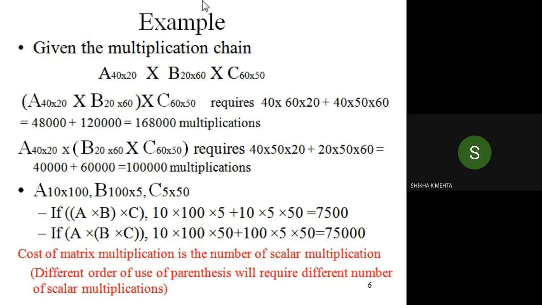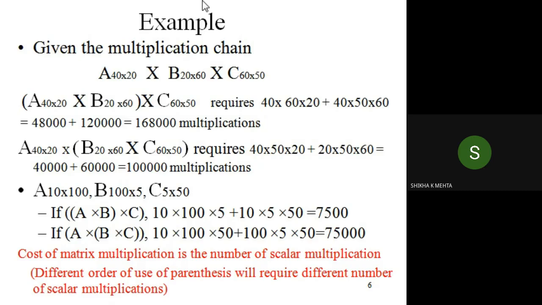The result of A cross B is a new matrix M, whose dimension will be 40 by 60. Then 40 by 60 into C, which is 60 by 50, gives us 40 into 60 into 50. So when we add these, this is the total number of multiplications.